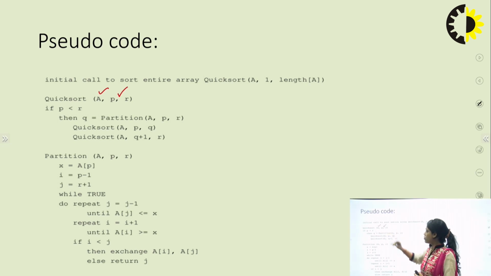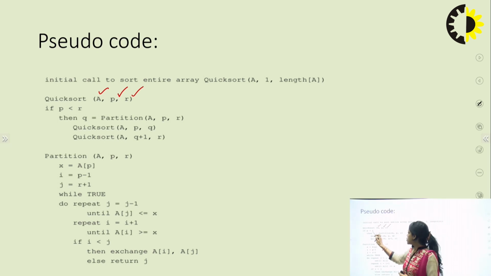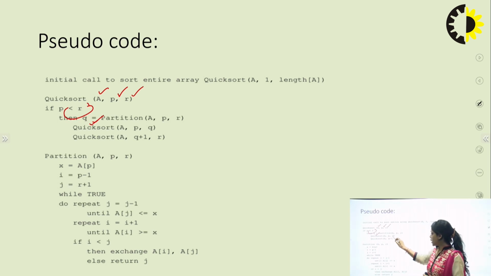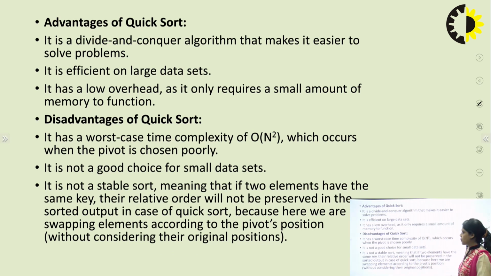Pivot, you can say the first element, here we can say P, and last element R. So we will check this condition. Now we will partition it like this. From A, P, Q we have the first array and the second array is from Q plus 1 till R. After this we will check all these conditions. Whenever it is true, we will swap it, otherwise we will not swap it, as we have already performed it in our previous steps.